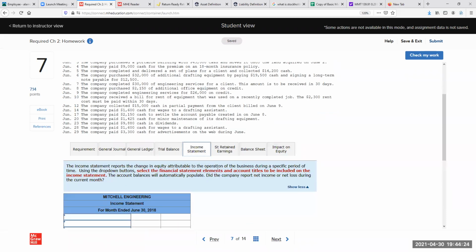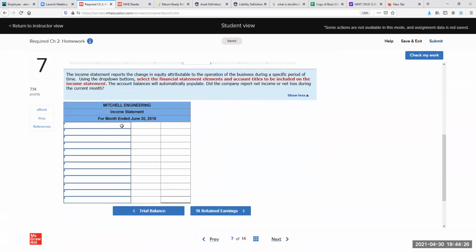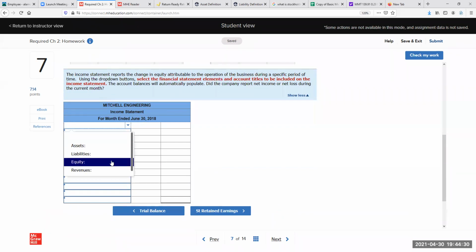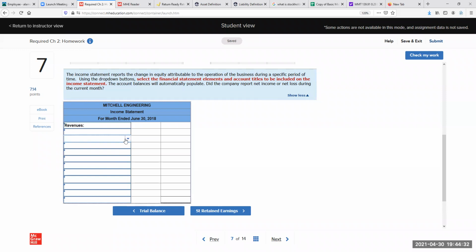And then the income statement. Now here, you have to tell it. Remember on the previous problem, you have to tell it revenues, and then you need to put all your expenses. You don't know yet what they are.